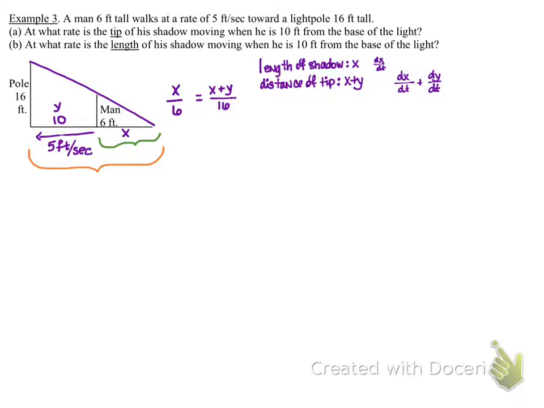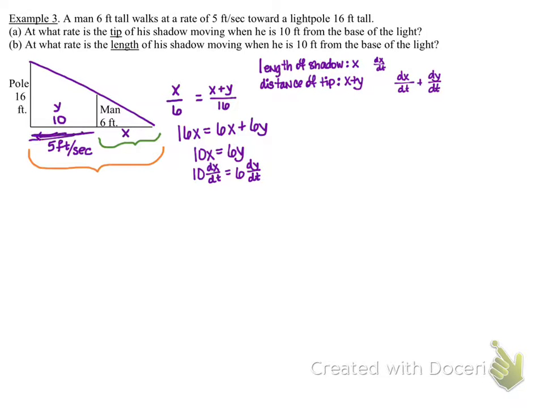Then, when we go ahead and try to figure this out, we will be able to figure out both the rate at which the tip of the shadow is moving and the rate at which the length of the shadow is moving. We can simply solve for dx/dt, using what we know about dy/dt.